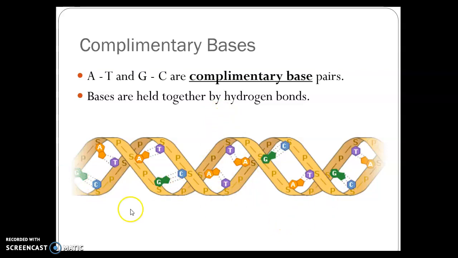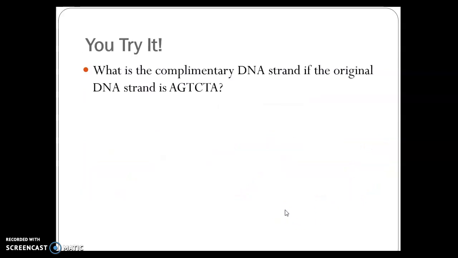So we talked about that a little bit already, but that's what's holding them together, those hydrogen bonds. You can see how they're kind of weak bonds too, and they have to be, because when we do get to the point where we have to create protein, then we need that DNA to split in half.